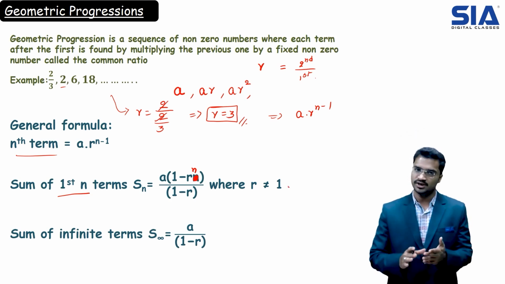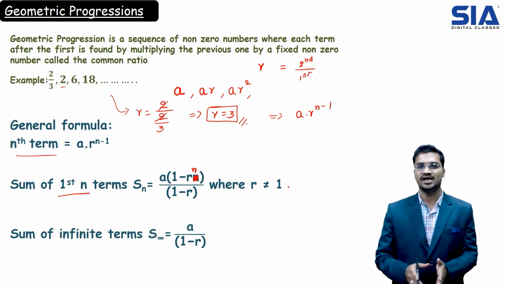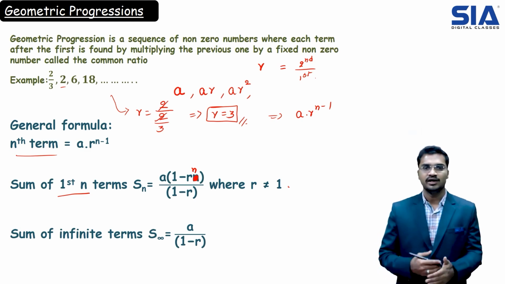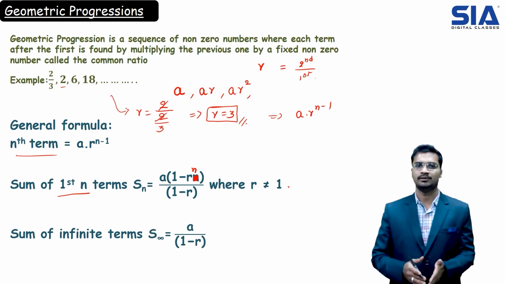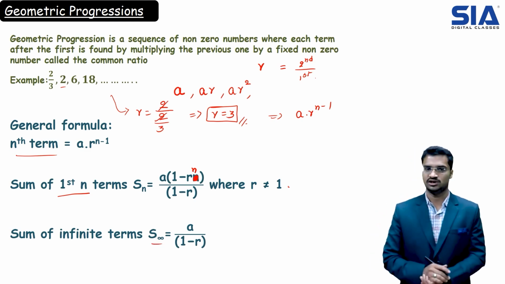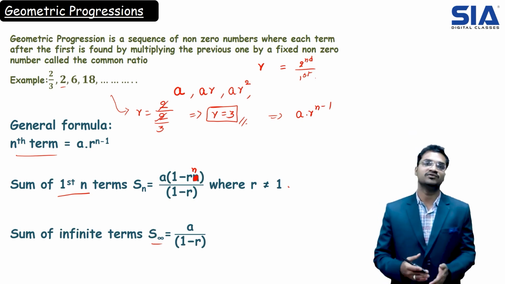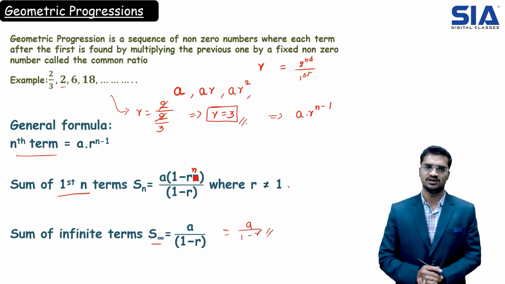If the series goes on till infinity, as there is an infinity question also in geometric progression, then the sum of those infinite terms is A by 1 minus R.